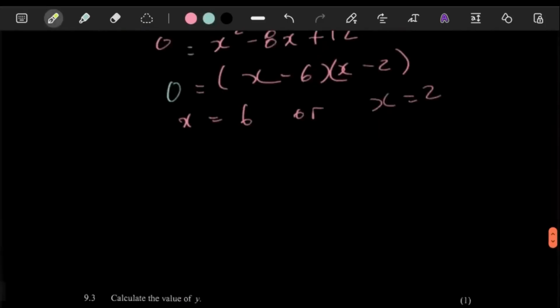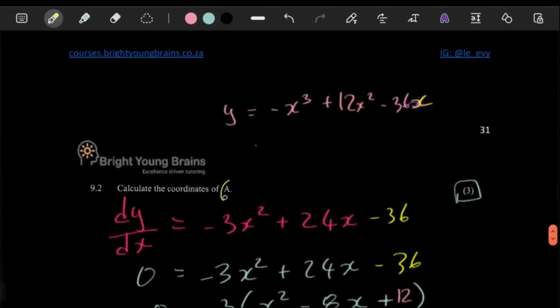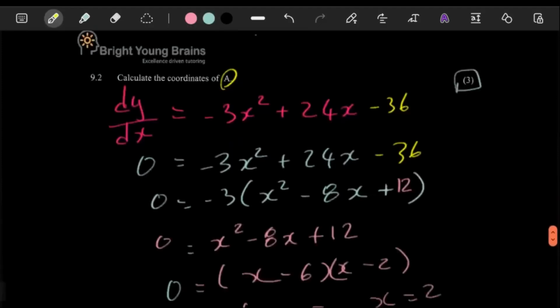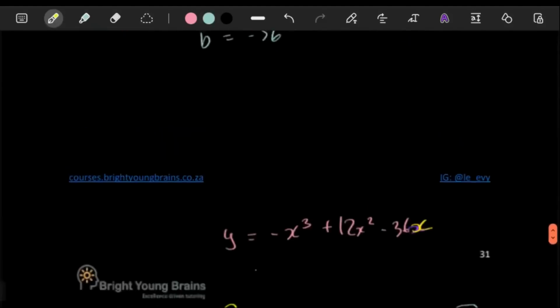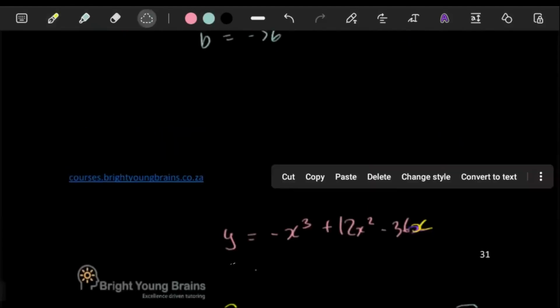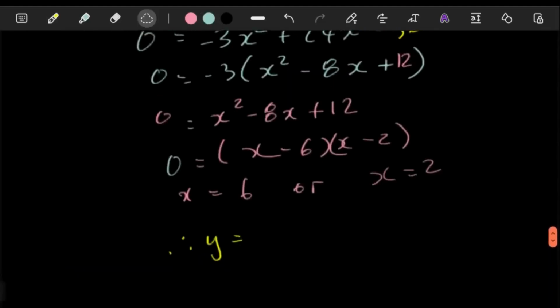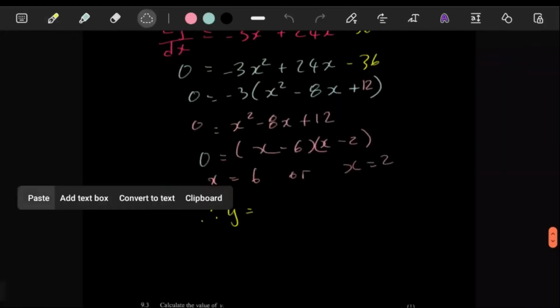So what we know is, wait, we have to carry on. We only got the x value now. To get the y value, we have to throw it in the original equation. You see, y is equal to, wherever x is, we're going to put what is this thing here? Let's copy, paste.